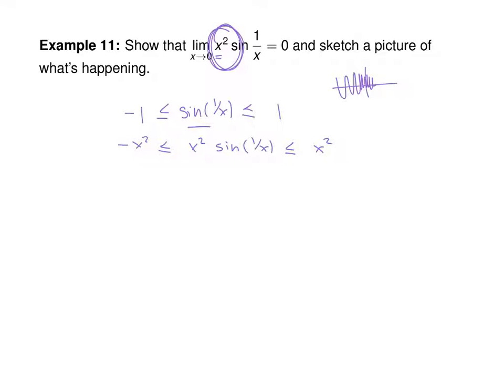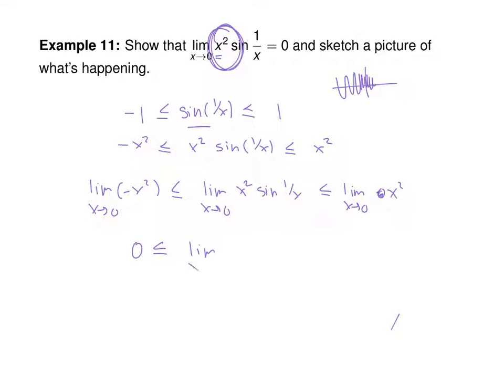And here's why this is helpful. Find the limit of each piece. Limit as x goes to 0, -x squared. What is the limit as x goes to 0 of -x squared going to be? Not a trick question. It's going to be 0. Yep. How about the limit as x goes to 0 of +x squared? Also 0.